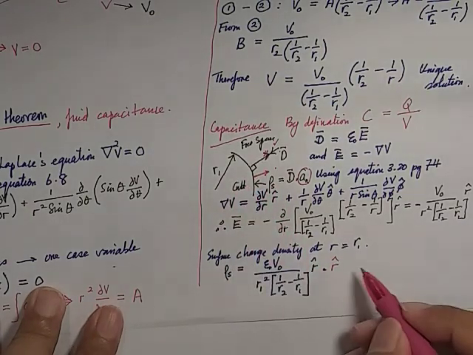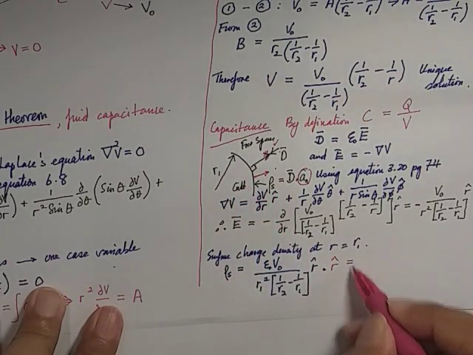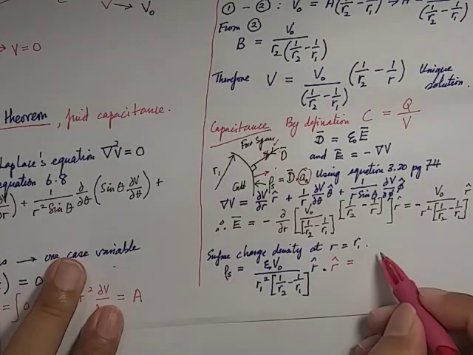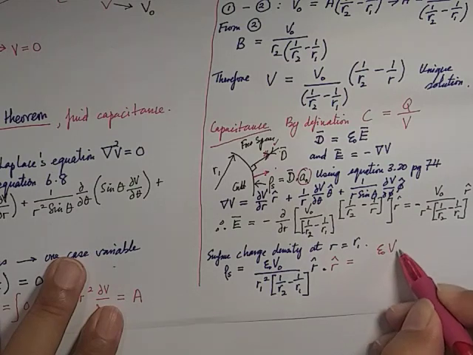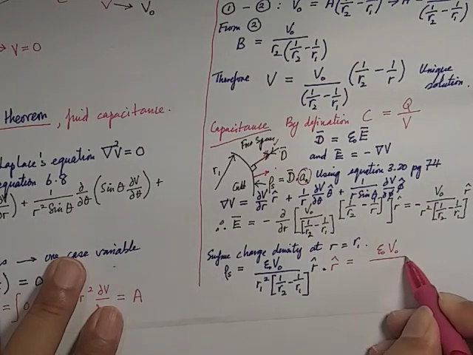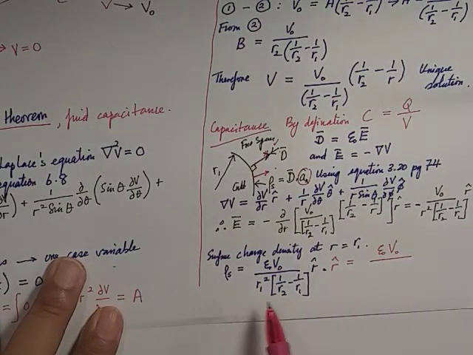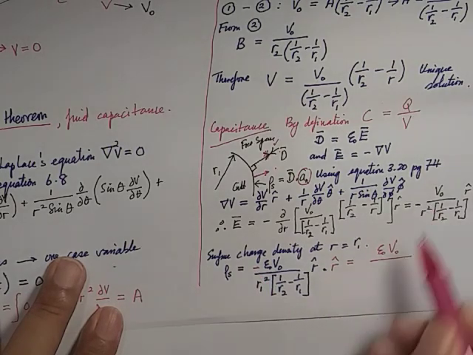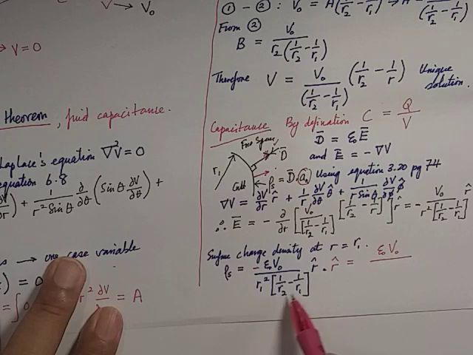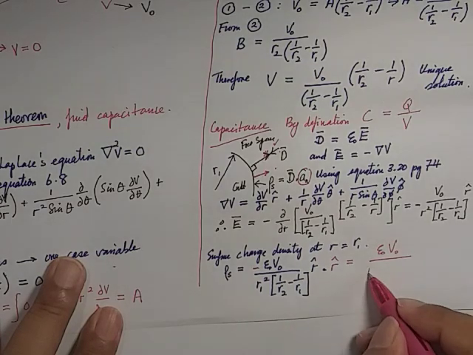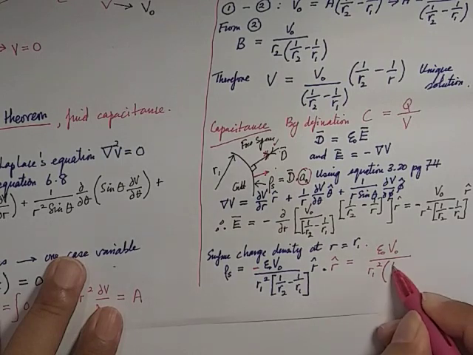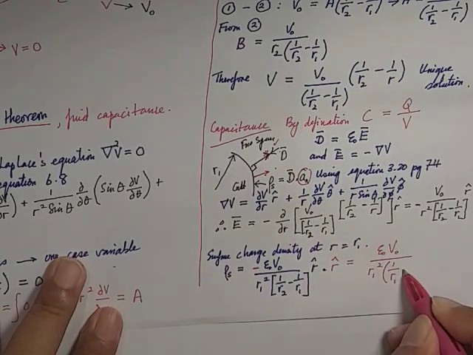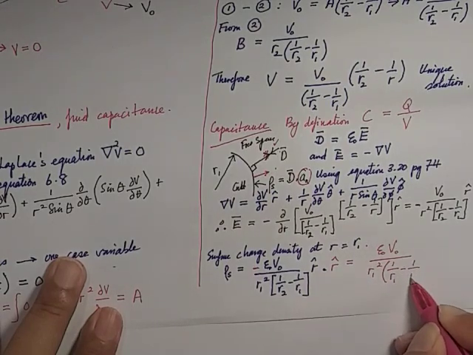So when you solve the mathematics, it's going to be epsilon naught V naught over R1 squared. Remember, there's a negative here, don't forget about this negative. So I'm going to change the position of the terms: 1 over R1 minus 1 over R2.